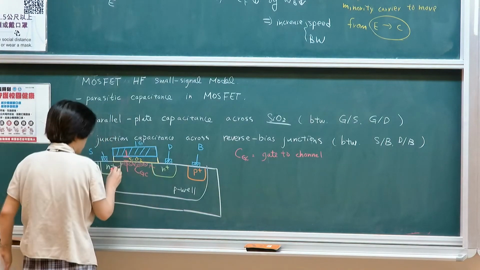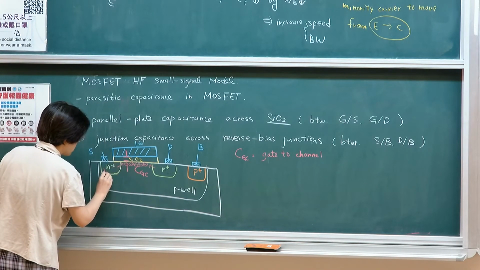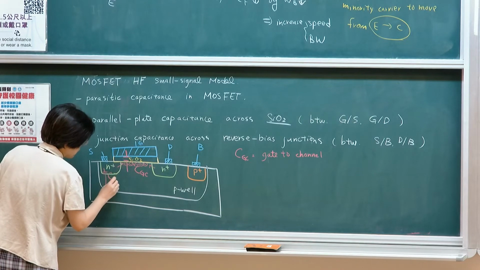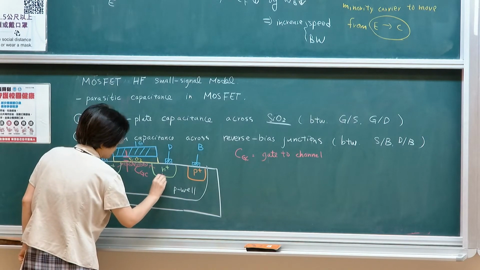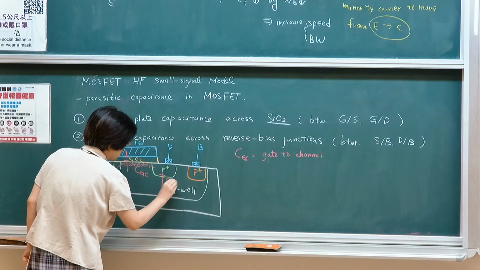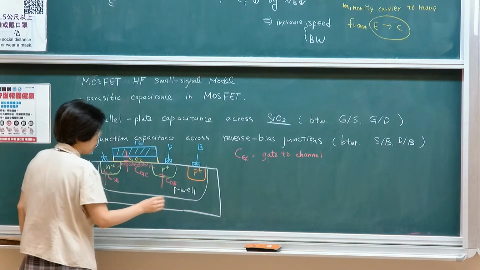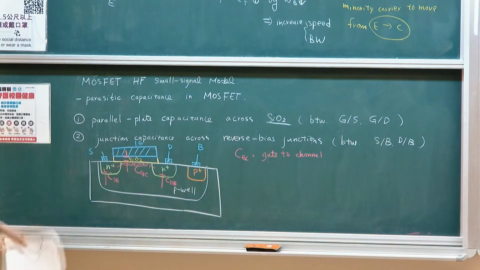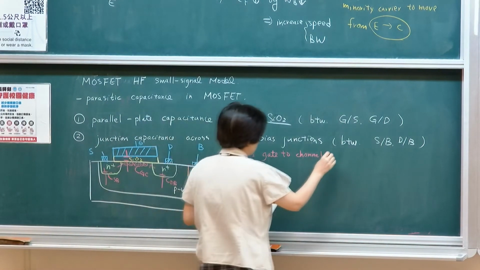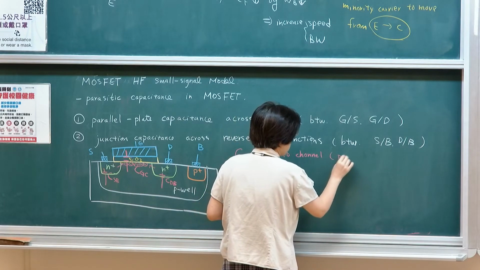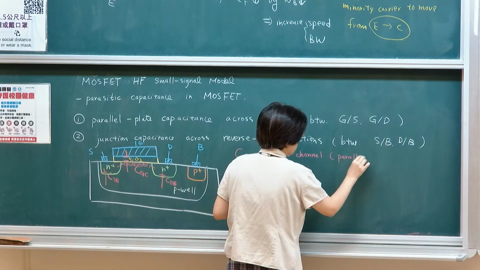So mostly CGC, and then there's junction capacitance. This will be CSB, and there will be another, CDB, and these are junction capacitances. This gate to channel capacitance is based on a parallel plate.